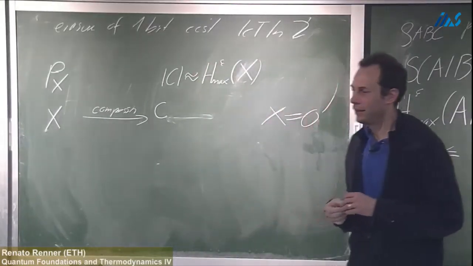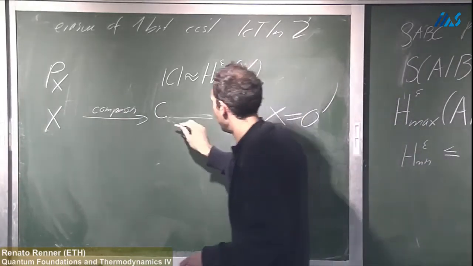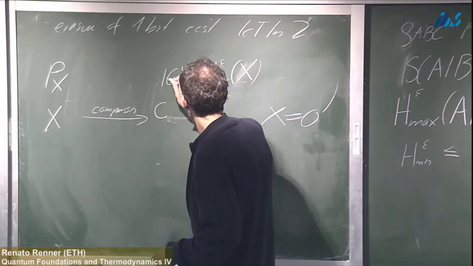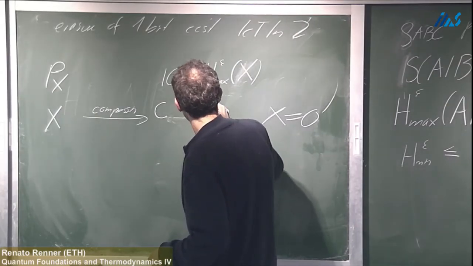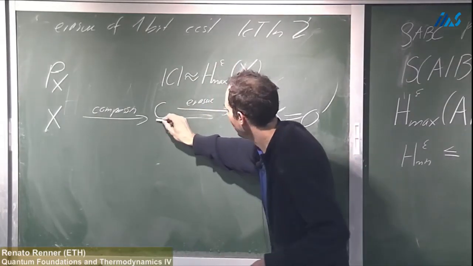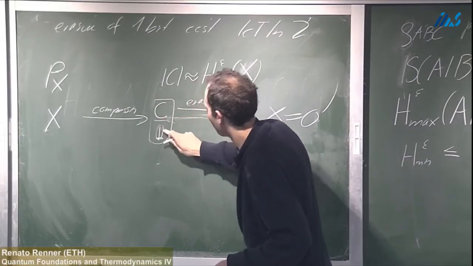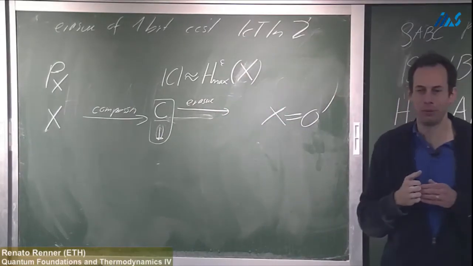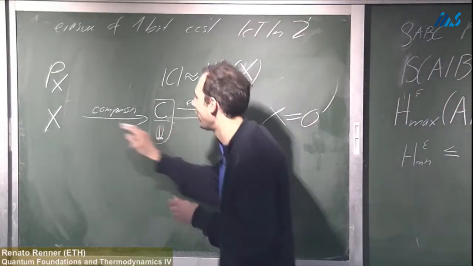Now if you compress that to c, and c has only this size, you can of course apply this erasure only to this part. Compression is by definition a reversible process. I mean, if you compress something, you mean that you can again recreate x.